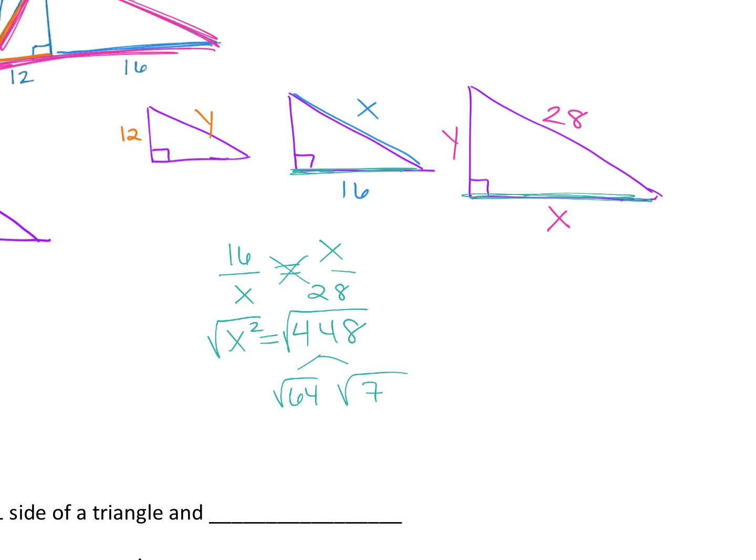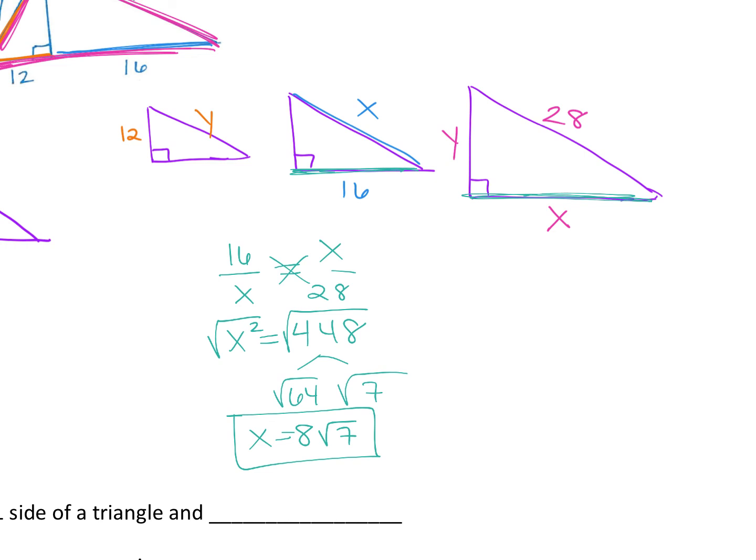So 448 divided by 100, you should be able to tell that's not going to work, right? 448 divided by 81. 448 divided by 64, and that one does work. You get a whole number, you get 7. When you get the whole number, that's what we're looking for. So this becomes 8 rad 7, and that'll be your answer, okay?